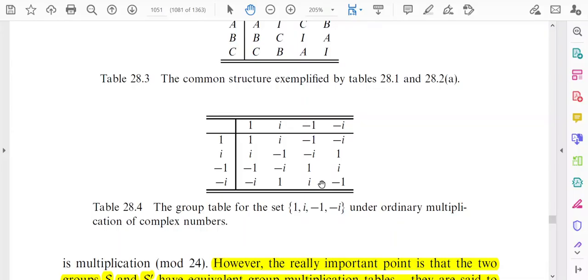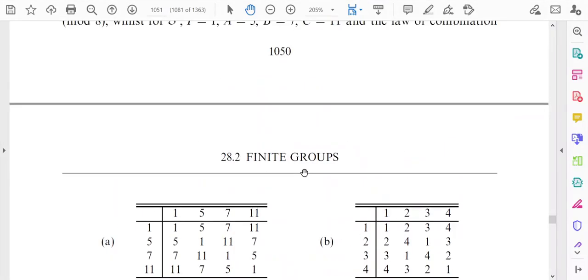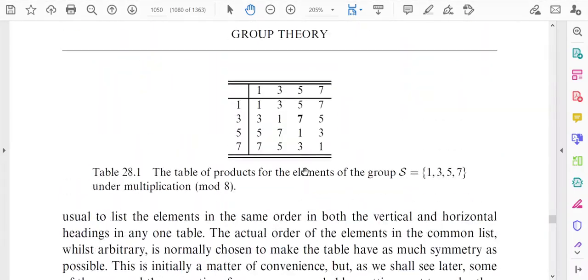Now the point to be noted is that you see the identity element 1 appears twice. Here is the identity element 1 and here is the identity element 1, but apart from these two identity elements there is minus 1 and minus 1. So it can be easily verified that if you see the leading diagonal, then there is a difference from this group with those groups. For example, if we compare the group S, you see in the leading diagonal all are 1.